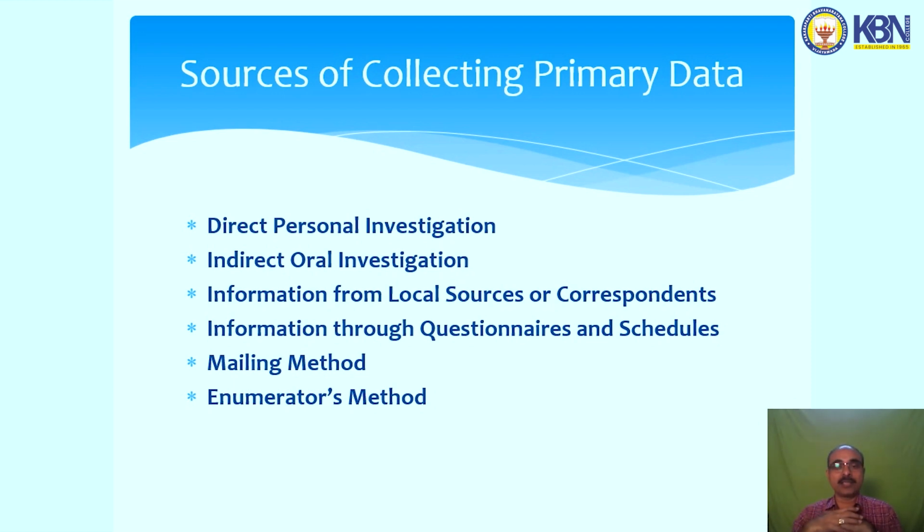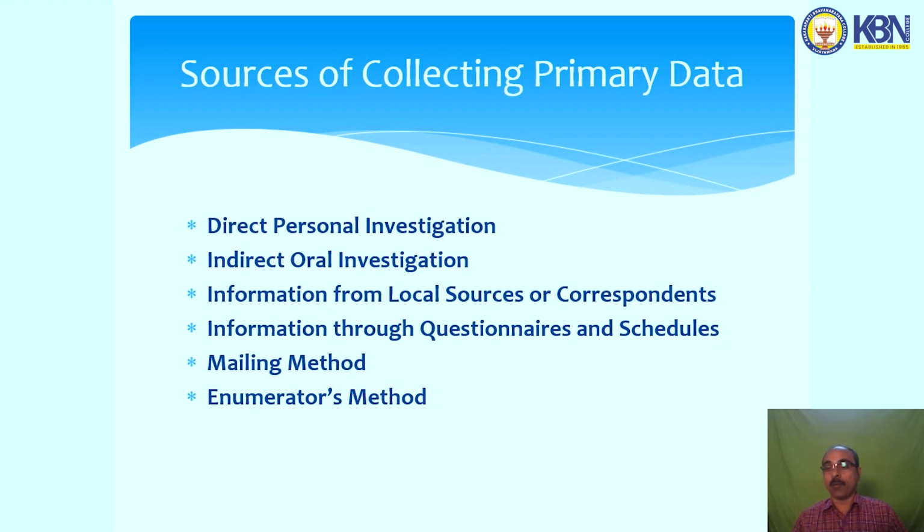And the last one is the enumerators method. Here, the researcher has to prepare the questionnaire in such a way that it reaches the information we have to take into consideration. Enumerators are nothing but investigators.